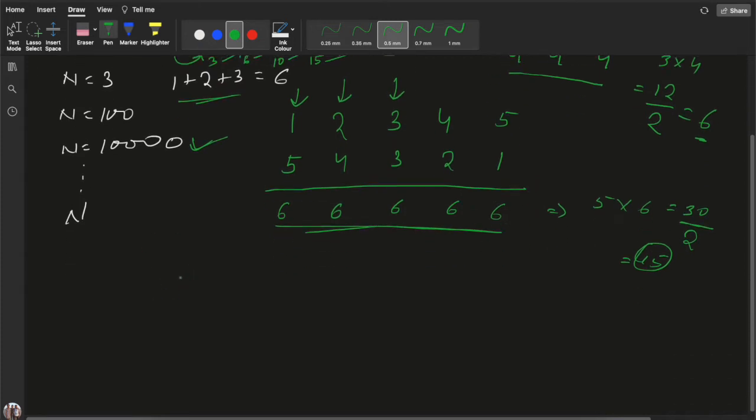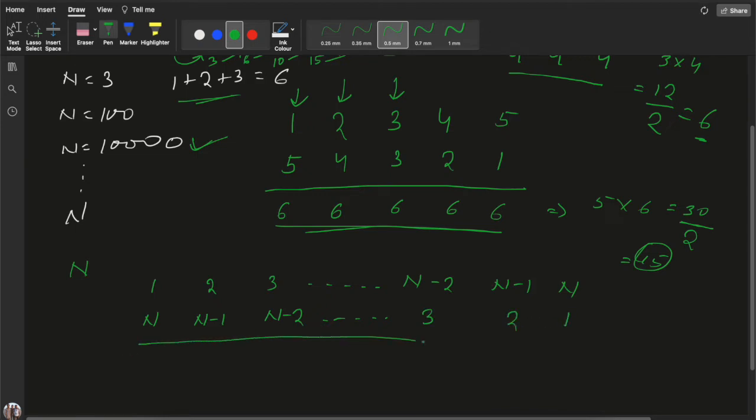Okay, now let's generalize this formula. Let's say I have n numbers. I need to find the summation of n numbers. So I can write like this: 1, 2, 3 till n minus 2, n minus 1, and n. I can write in descending order also: n, then n minus 1, n minus 2, till 3, 2, and 1.